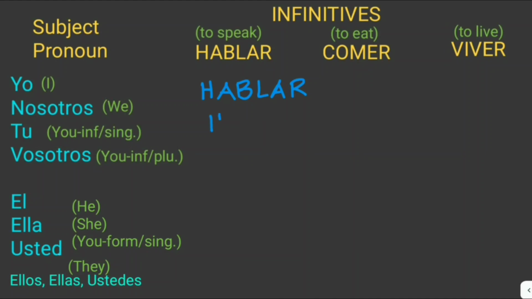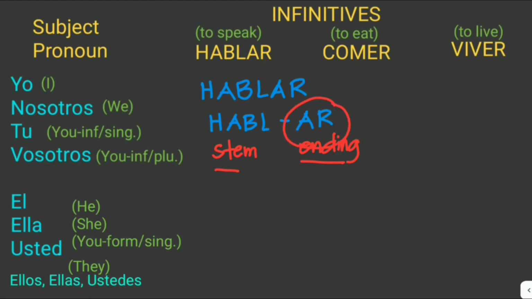The ending is ar. So in conjugating this verb, we just have to change the ending, ar, depending on which subject pronoun we use.